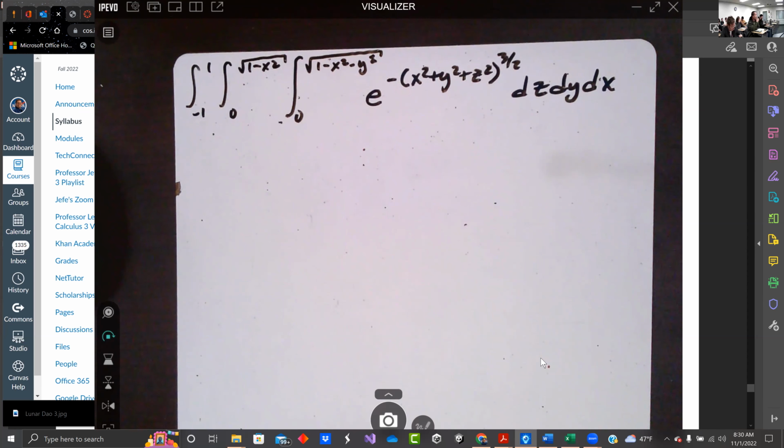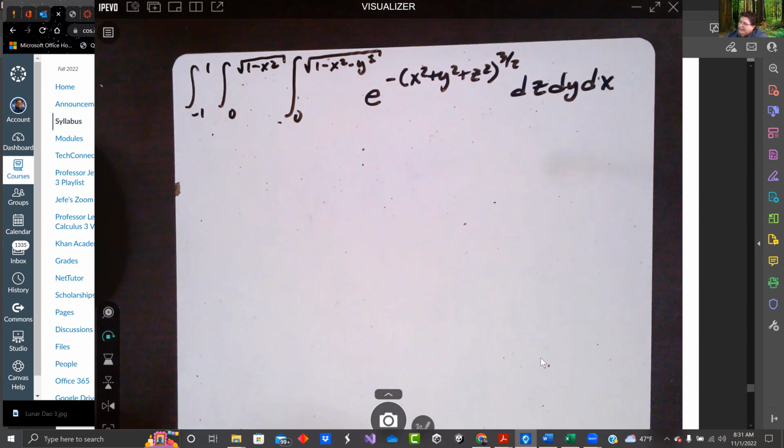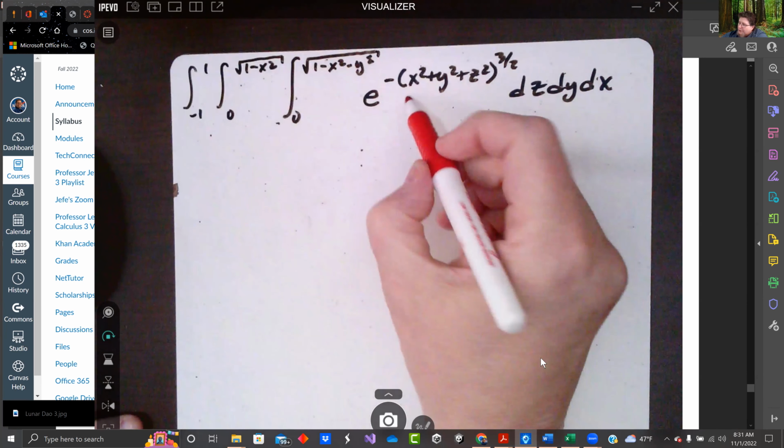I mean, should we convert to cylindrical or spherical? Well, that's for us to decide. Let's take a look at the boundary conditions and see what we get. Just looking at it, this suggests spherical to me.